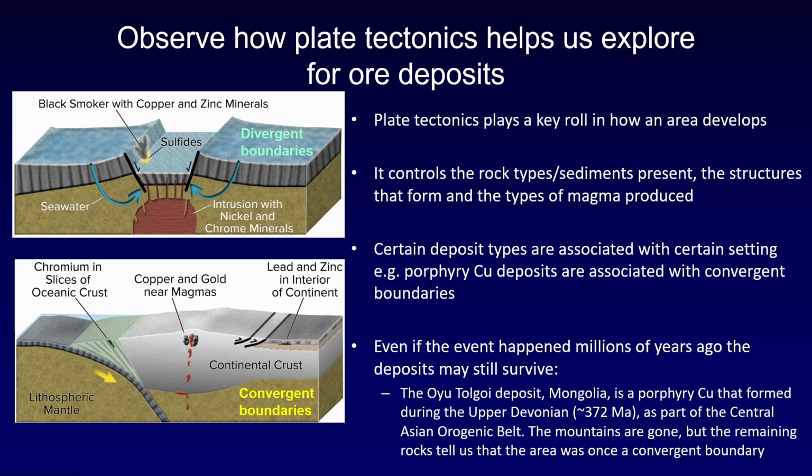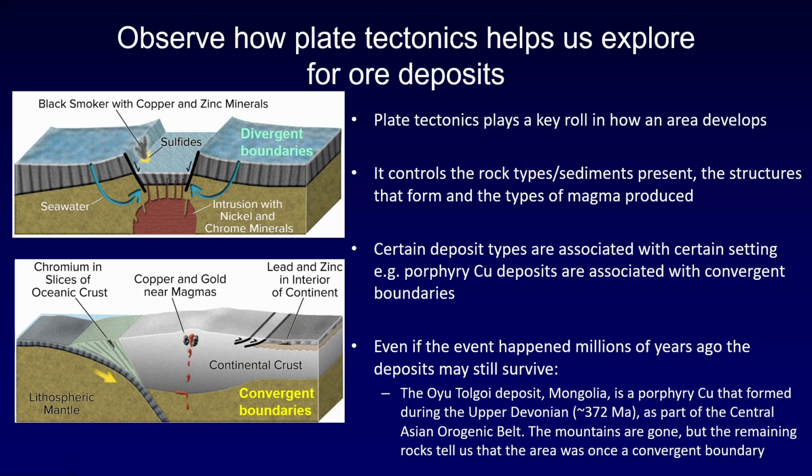This is a porphyry copper, and it formed during the Upper Devonian, about 372 million years ago, as part of what's referred to as the Central Asian Orogenic Belt, which was a sequence of collisions that helped to build the continent of Asia. So even though the mountains that were formed by this orogeny are now completely gone, eroded away, the porphyry copper system that was formed as part of that convergent plate boundary is still there.